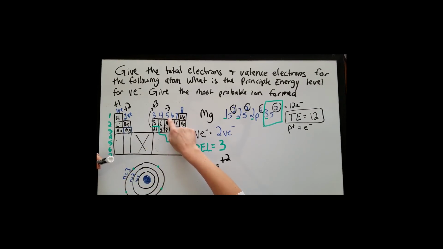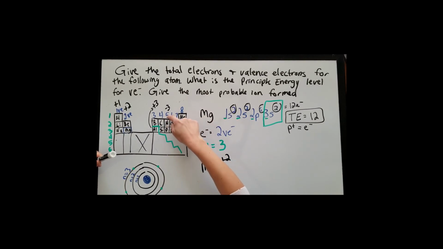So let's use nitrogen as an example, say it has 5 valence electrons. That's what this number in blue is telling me. Well, it wants to have 8. So if we add 1, 2, 3 more electrons to nitrogen, it will have 8, and it'll now be happy. It'll have a full octet.